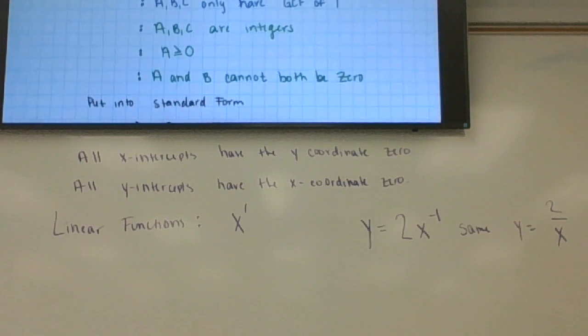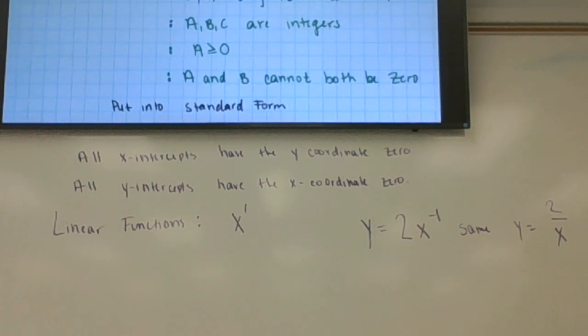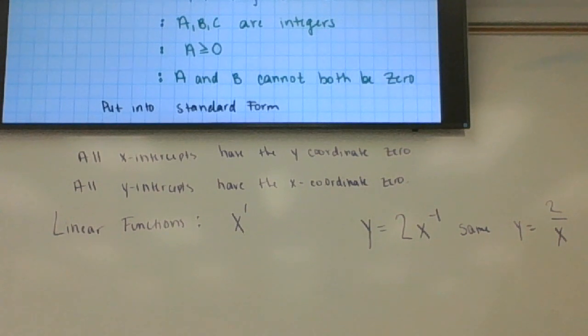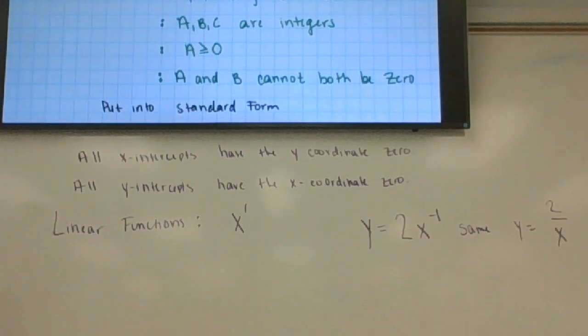All right. The second skill is just rewriting them in standard form. So let's look at these rules and see if they make any sense. So standard form. This one's called slope-intercept form.